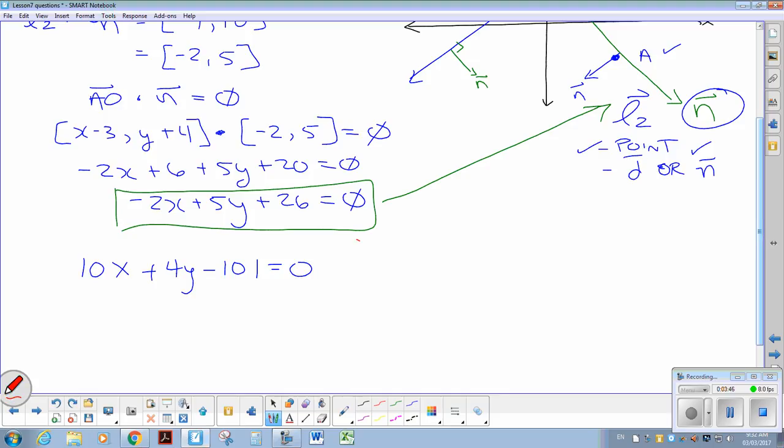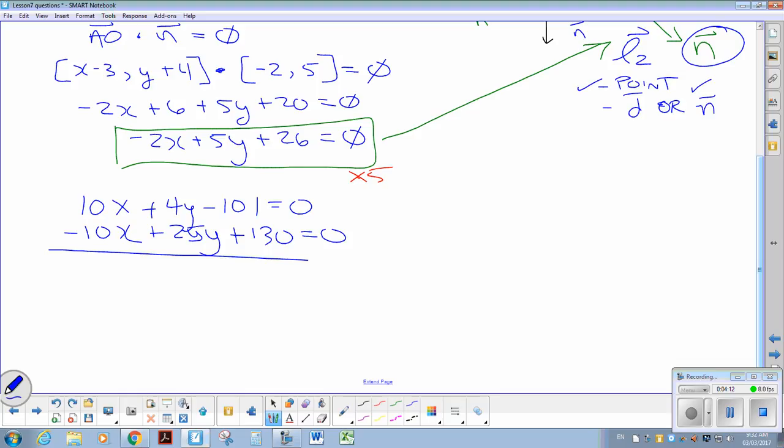So I'm going to multiply this equation by 5. I'll call this efficiency, so I don't have to rewrite this over and over. So that's going to be -10x plus 25y. Yes, that is a 25. And 5 times 26 is 130, plus 130 equals 0.